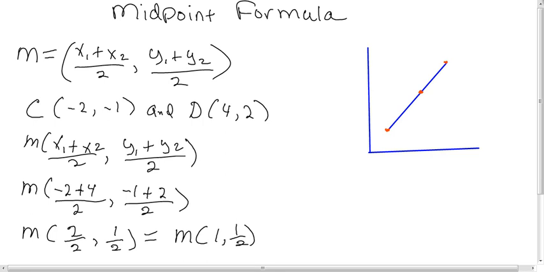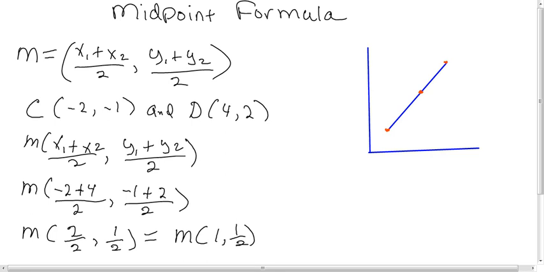So for the points -2 and -1, and 4 and 2, our midway point is going to be 1, comma, 1/2.